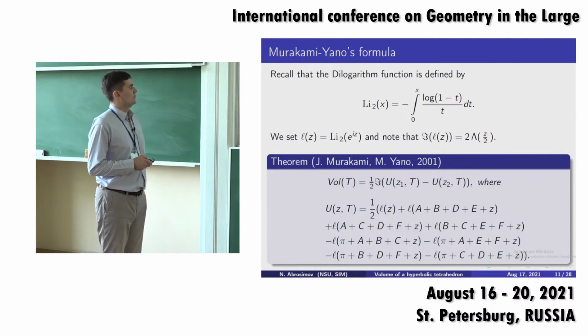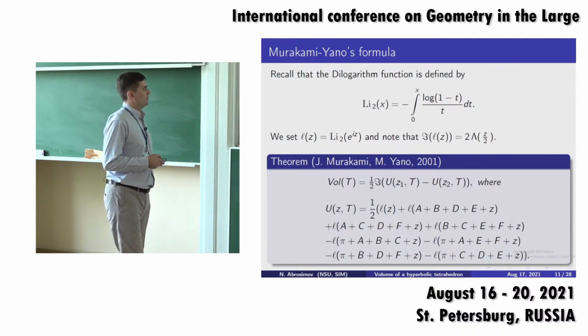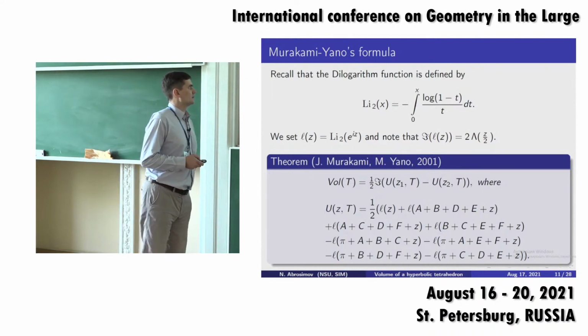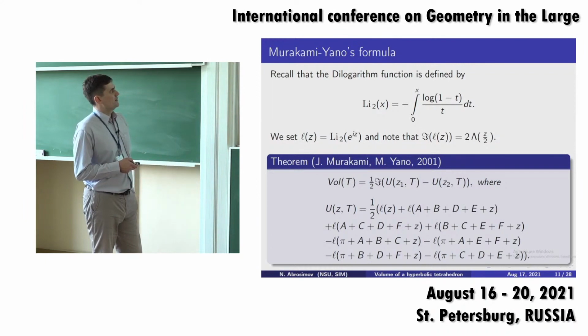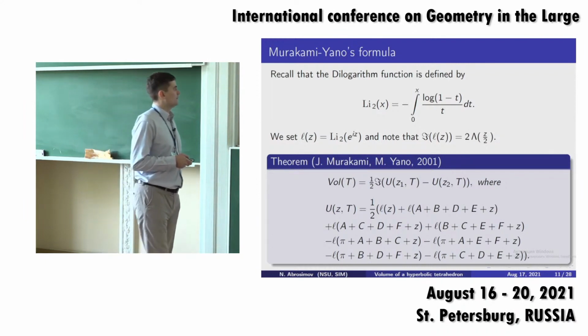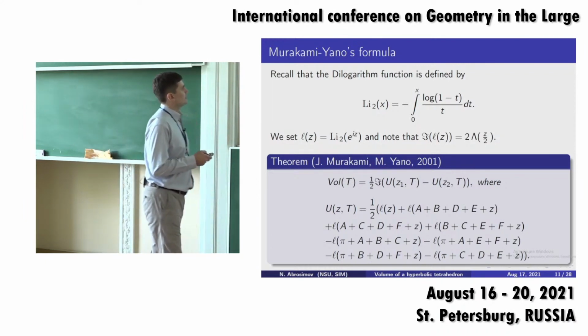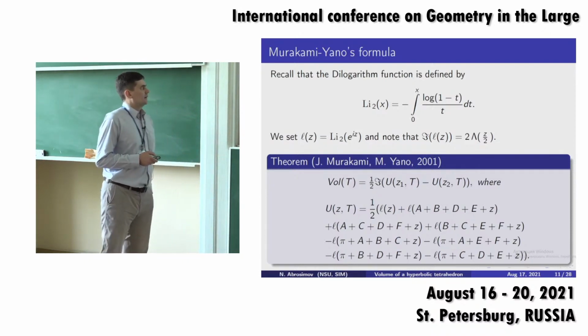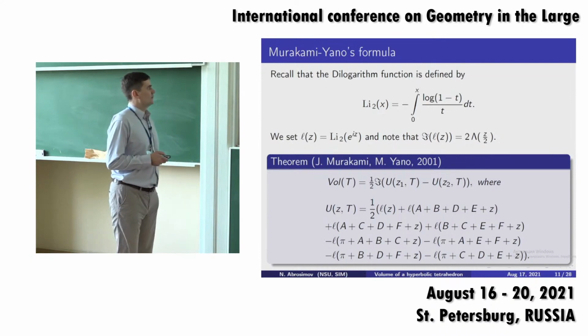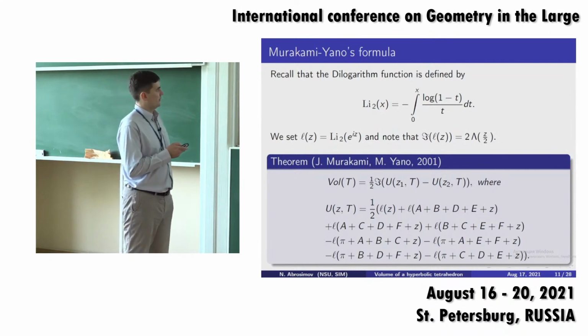And you can see that indeed it involves 16 dilogarithm functions. The arguments are the dihedral angles A, B, C, D, E, and F, and additional complex parameters Z1 and Z2, which I didn't describe on this slide because it takes too long.